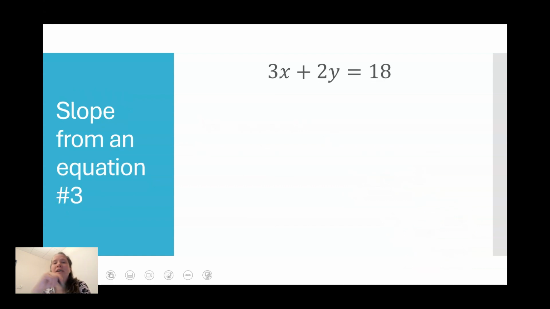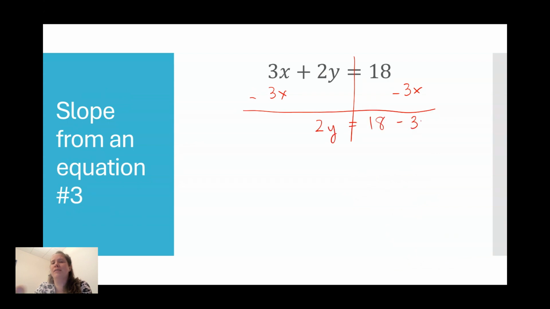Don't worry. All right. Getting y all by itself on one side. We're going to subtract 3x on both sides. This time I will just leave it as 18 minus 3x instead of rearranging it. See if that is more or less confusing. To get y all by itself, we're going to divide by 2, divide by 2, divide by 2.